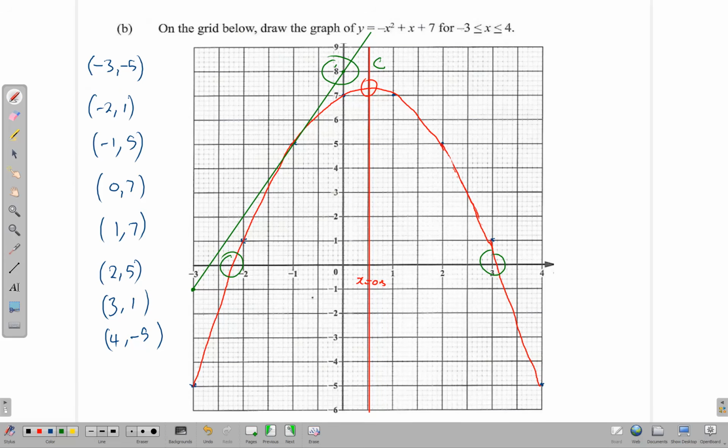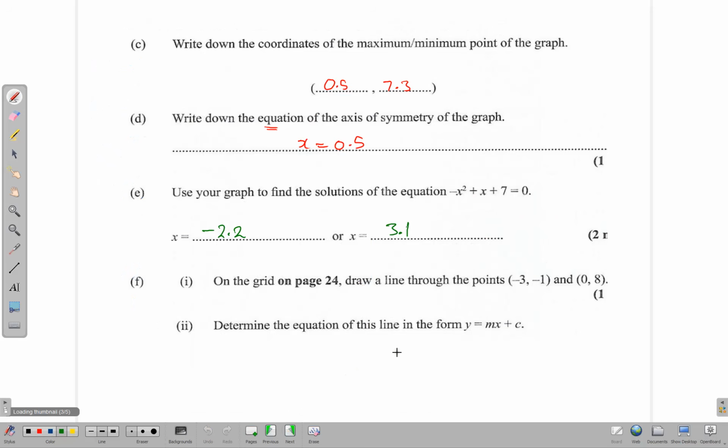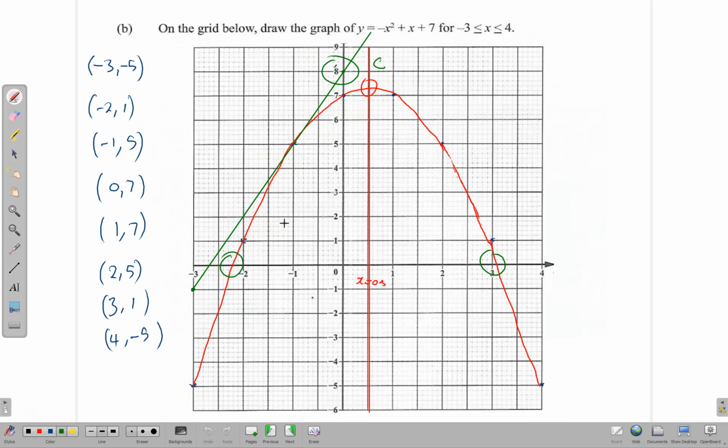So we can start writing the equation by saying y is equal to something plus 8. Now what is that something x that we need? We can draw a triangle on our line, and usually it's nice to find a good spot to draw a triangle so you don't have to estimate. Now here's a good spot.